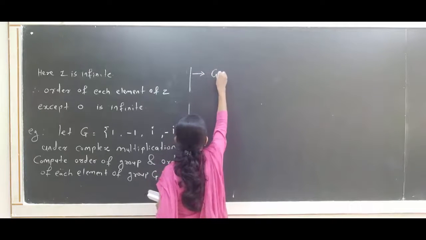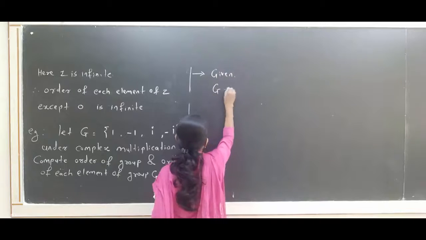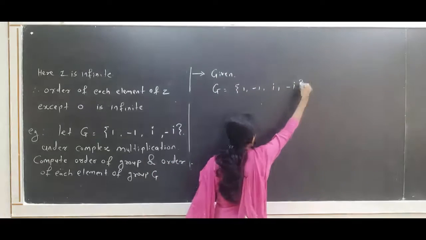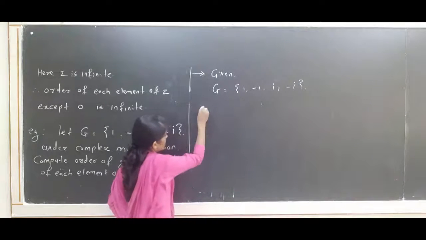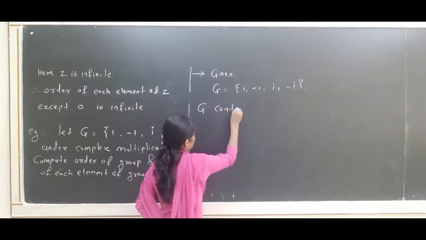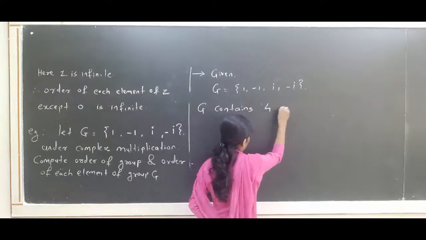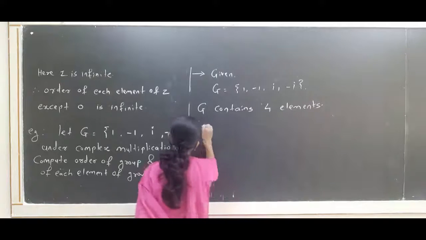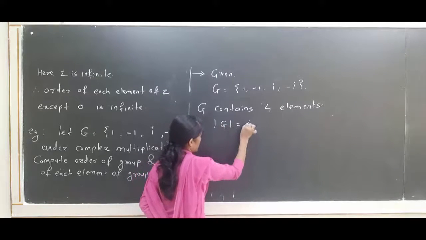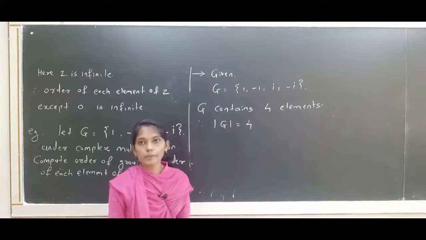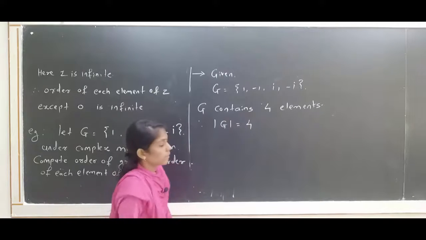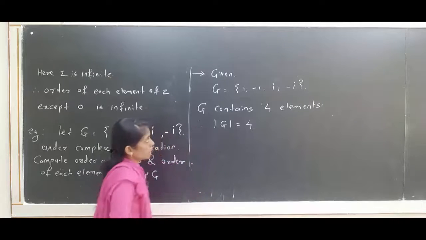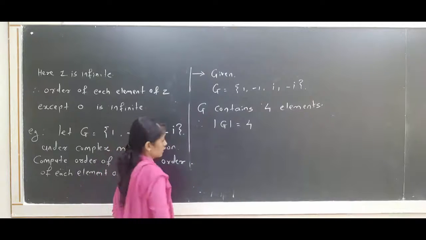Solution, first write down given. Given set G is equal to {1, minus 1, i, minus i}. Okay. So here G contains 4 elements. Therefore, order of group G is equal to 4. Order of group is nothing but the number of elements of that group. Now, we want to compute the order of each element, right?